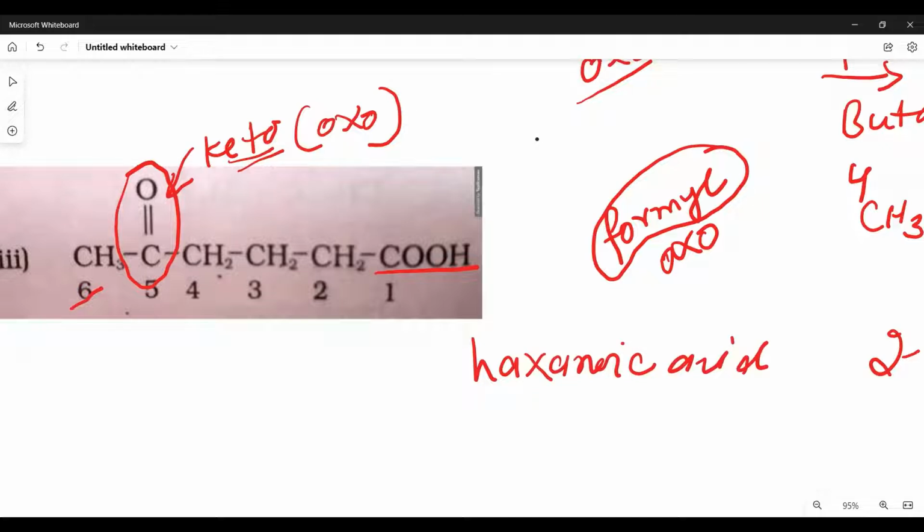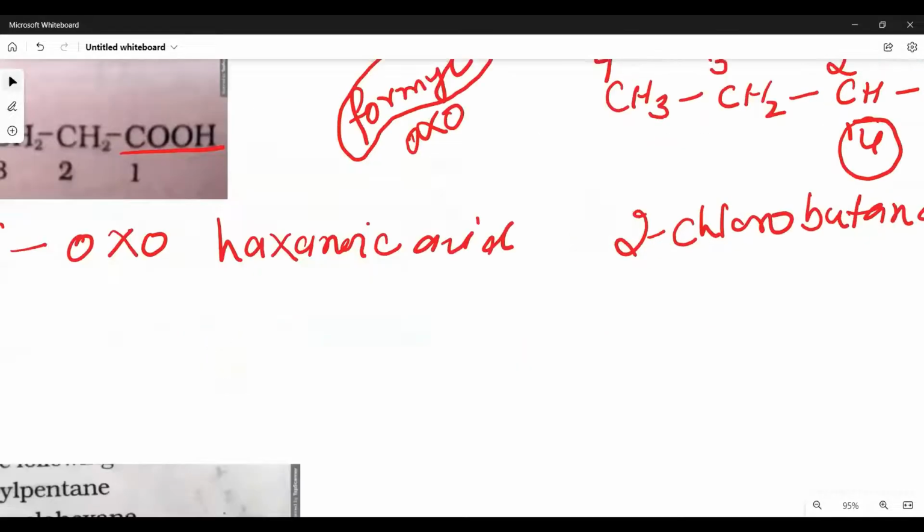At the 5th position there is an oxo group, so it becomes 5-oxohexanoic acid. Here the C double bond O is considered as a substituent.